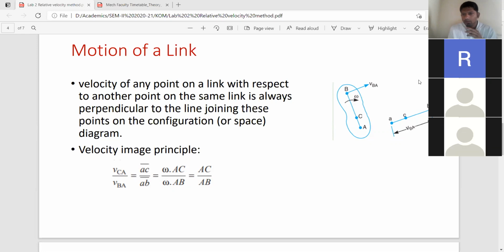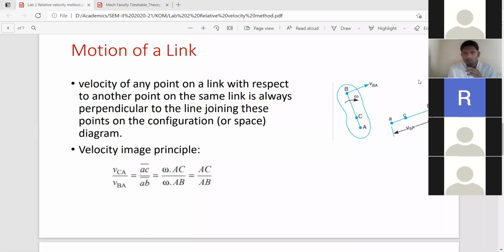So I'm just arranging for a few things. Okay. So at least you can pay attention and record or note down the important things from the lecture.